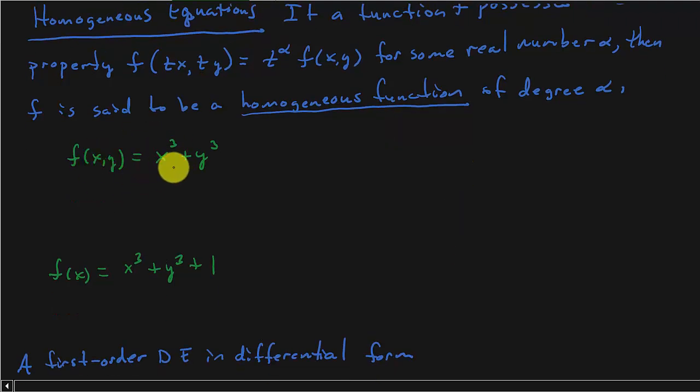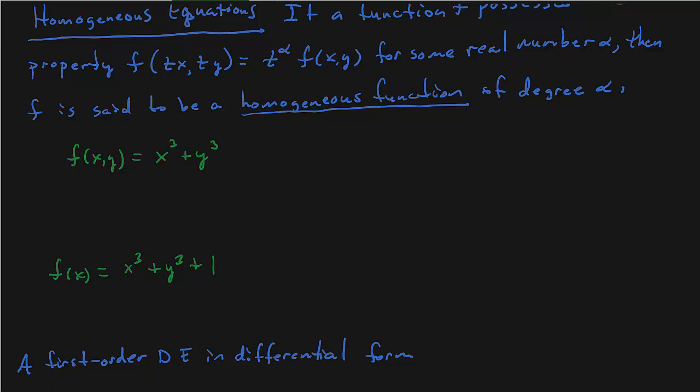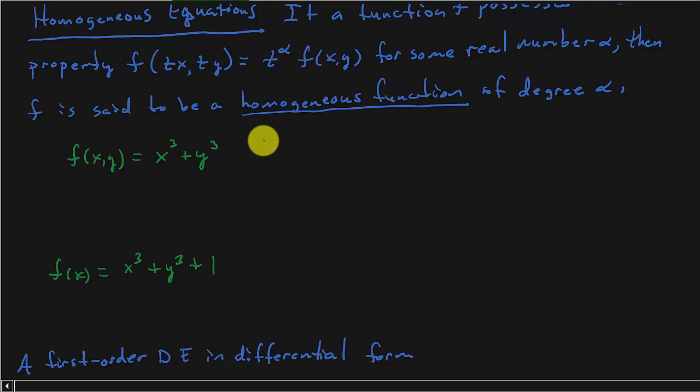We've got f of x, y equals x cubed plus y cubed. Basically what we're doing is taking f of xt, yt equal to (xt) cubed plus (yt) cubed. We're just plugging the xt and the yt in for x and y.